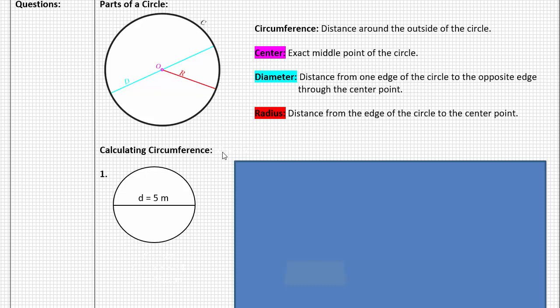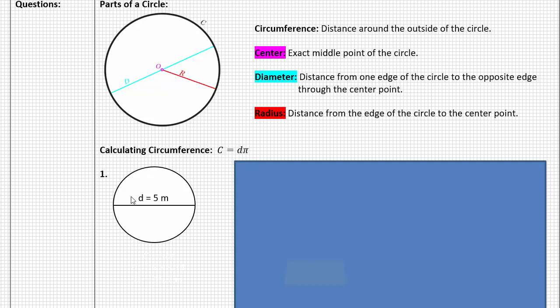And, as our essential question alluded to, we're going to use the value pi to help us do that. The formula for calculating circumference is C, standing for circumference, is equal to the diameter times pi. Today, in this video, we're going to be using the approximation of pi, 3.14, to do our calculations.